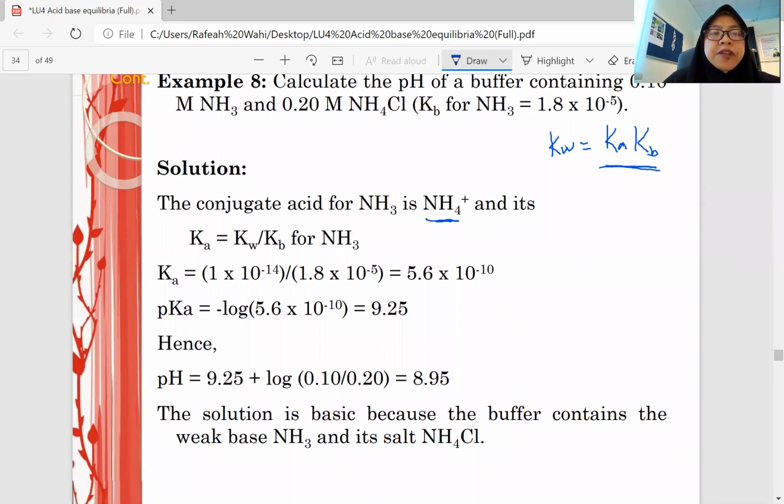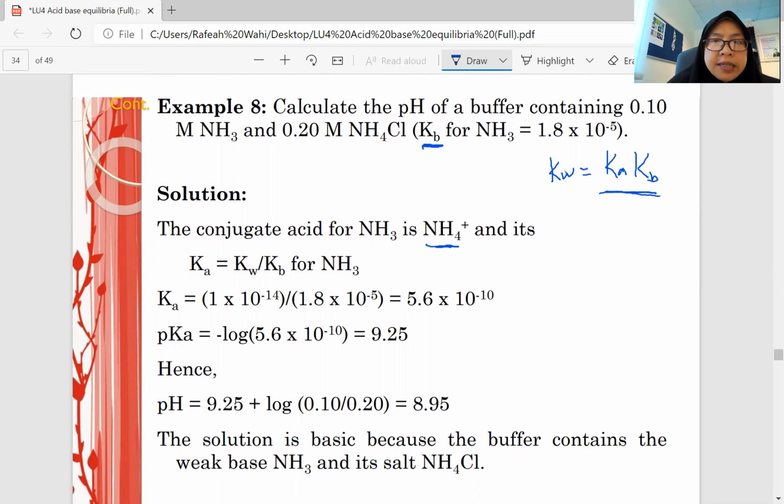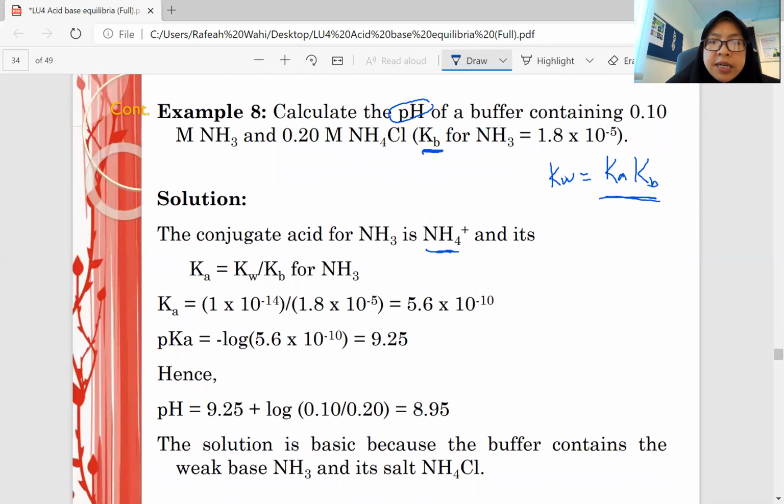Why do we want to find Ka in this case? Because in the question, you are given Kb, but what you want to find is the pH. Remember the Henderson-Hasselbalch equation for a buffer: pH equals pKa plus log concentration of the conjugate base, X, divided by the concentration of HX, the weak acid.